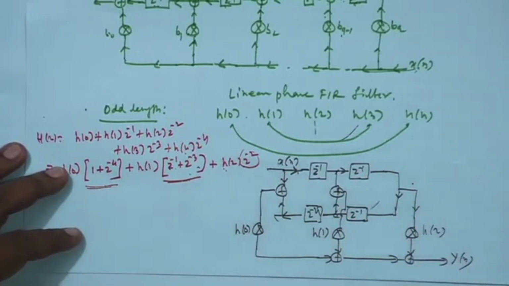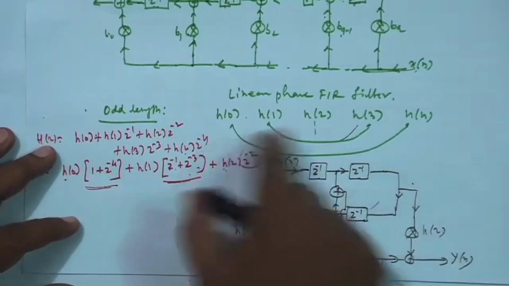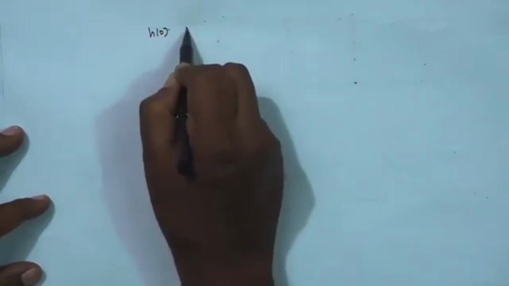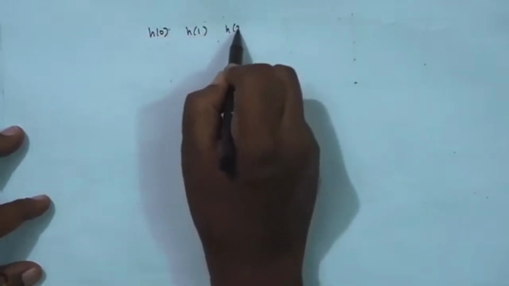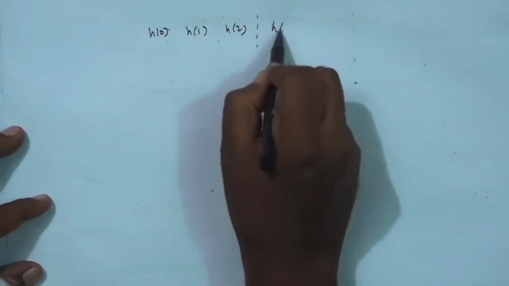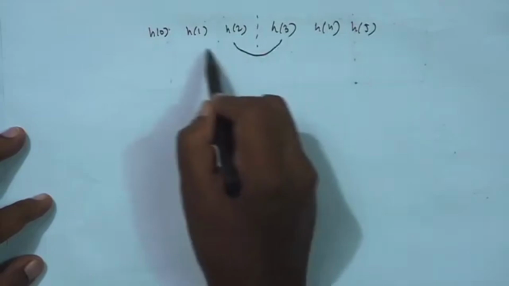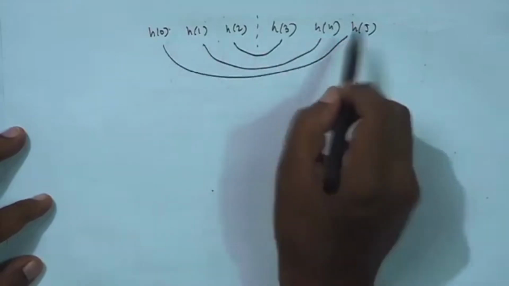Next consider the case where the length is even. So, H0 to H5 we will take. The mirror H3, H4, H5. So, total 6. In this case, these two should be same, these two should be same, these two should be same, right.